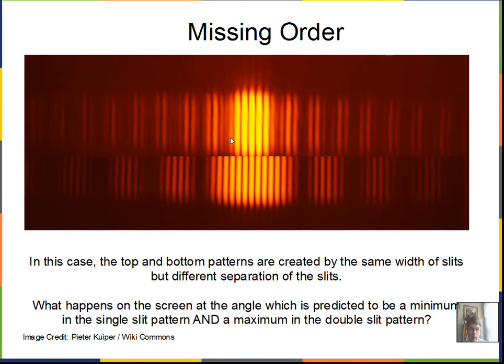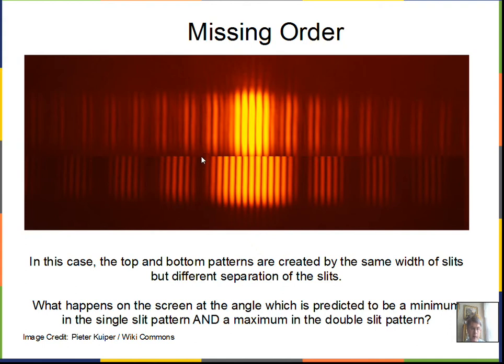So in this slide, if you notice, the dark spots are at the same spot. So the slit width is the same for both of these, but the interference pattern is a little narrower down here. So there's a different separation of the two slits. So single slit pattern predicts a 0 at this location, at this angle.